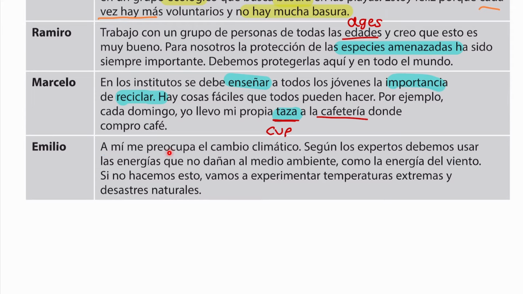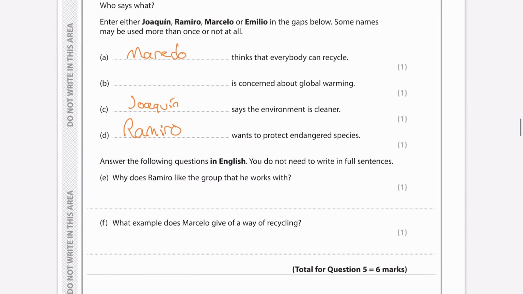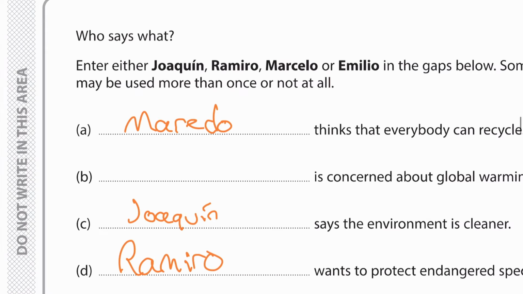So for me, what does it say? Me preocupa el cambio climático, climate change. Según los expertos, debemos usar las energías que no dañan al medio ambiente, como la energía del viento, which is wind energy. Si no hacemos esto, vamos a experimentar temperaturas extremas y desastres naturales. So this is really clearly about global warming, natural disasters, extreme temperatures, etc. So I think it's safe to say Emilio is concerned with global warming.